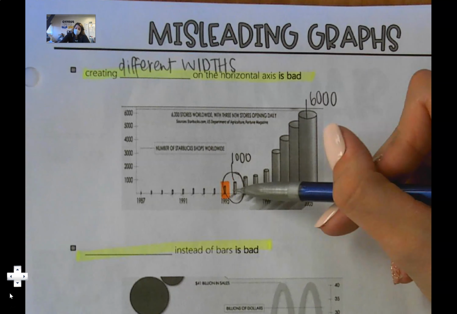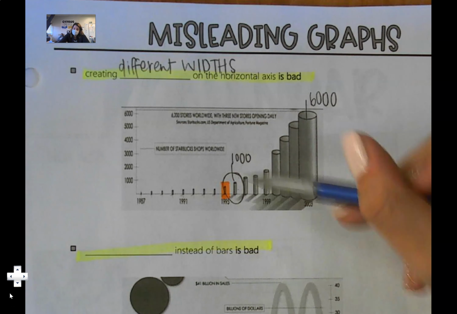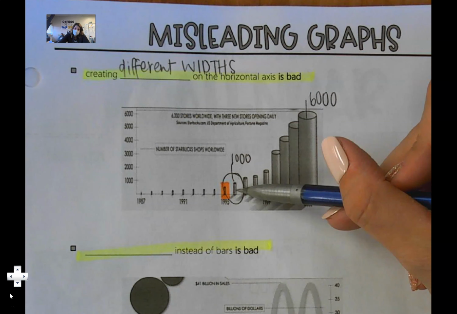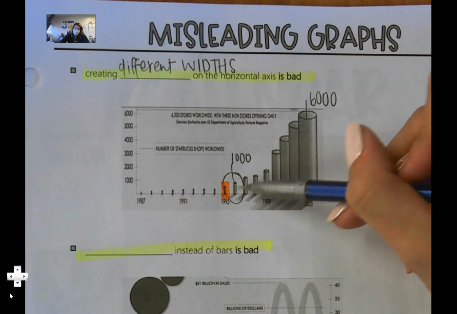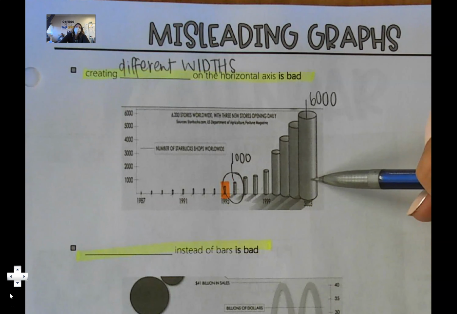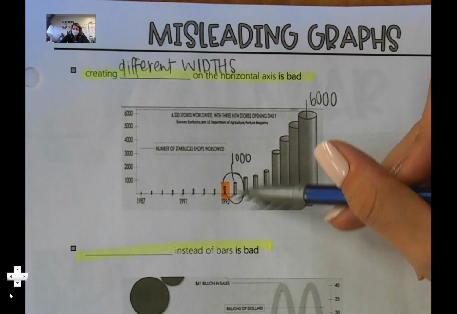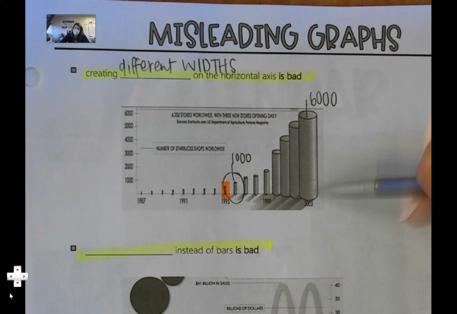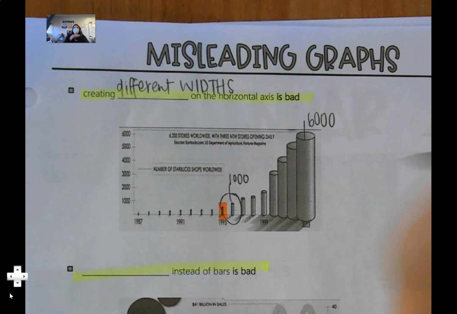So between this graphic and this graphic, it's only supposed to be 6 times as big. What that means is you would take this little bar, and this bar should only be 6 of those. You should be able to exactly fit 6 of these into this bar. Is that how it's drawn? No, it's way bigger. You could probably fit like 40 of these in this bar. So the issue with this one is that it is going to make the differences look different than they really are.